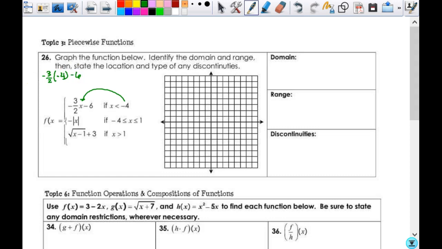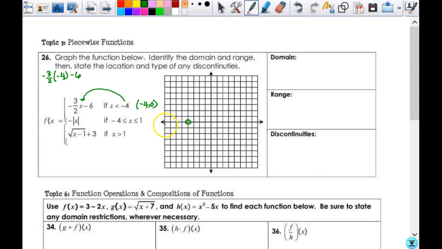So that gives me positive 12 divided by 2, which is 6, minus 6, which is 0. Okay. And so my ordered pair then, that number I got was my y value. The ordered pair that I plot is negative 4, 0. And because this is not equals to here, it's open. So I go to negative 4, 1, 2, 3, 4, 0, and I have an open circle.